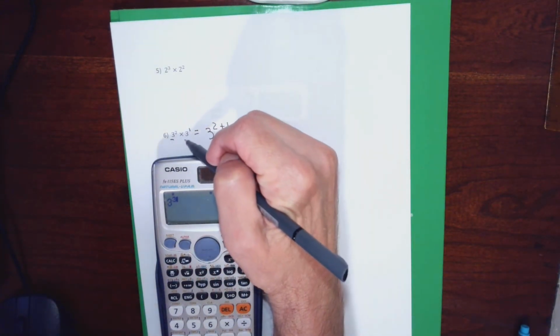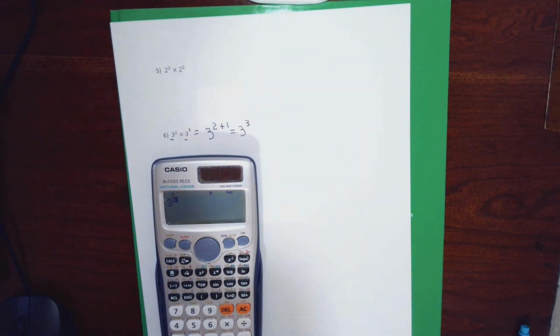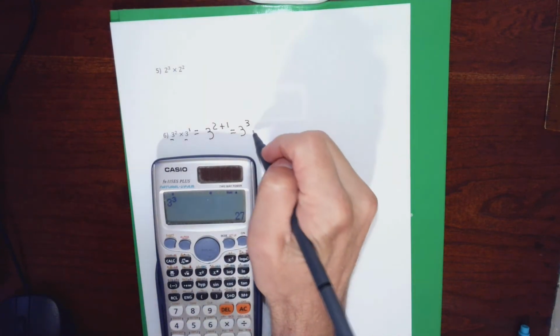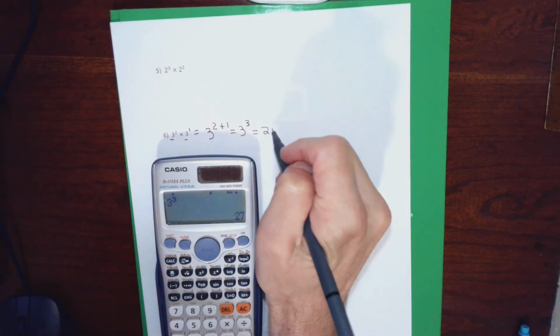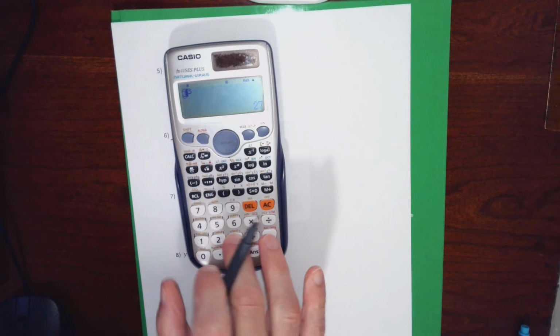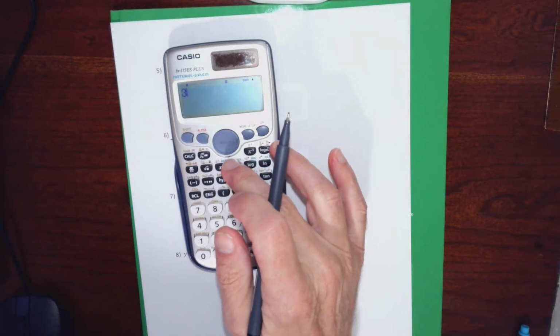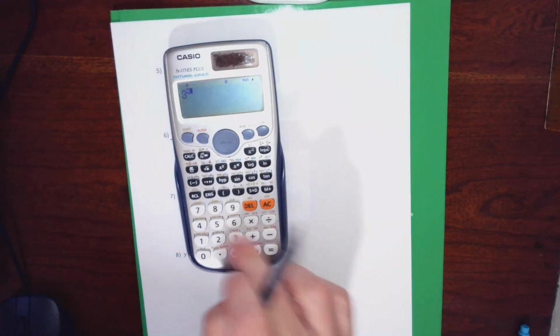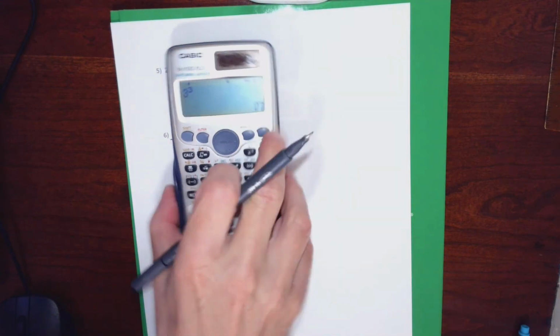The factors have the same base, so I fix the base, I add the exponents, and generally I won't leave a number written with an exponent, so 3 cubed is 27. I'm using that button on my calculator. I type the number 3, I hit the button right next to the x squared key, then I type the number 3 and then equals.